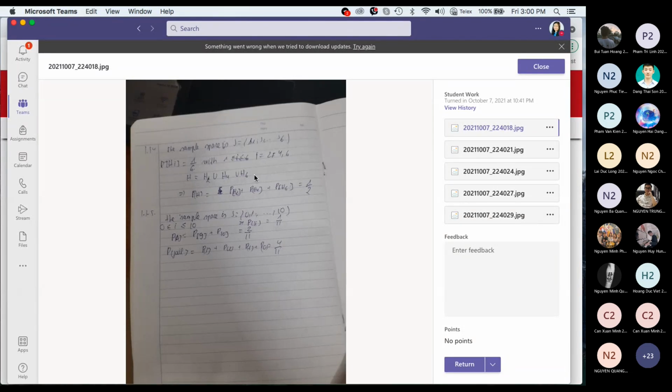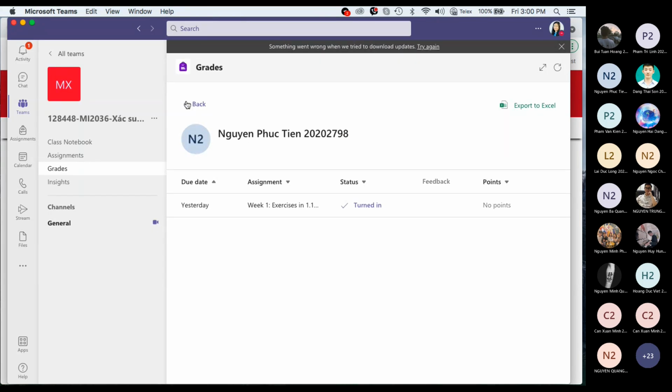So the probability of the union of the 3 events equals the sum of the probabilities of each individual. So it equals 3 over 6, or 1 over 2. Okay, right. Correct solution.